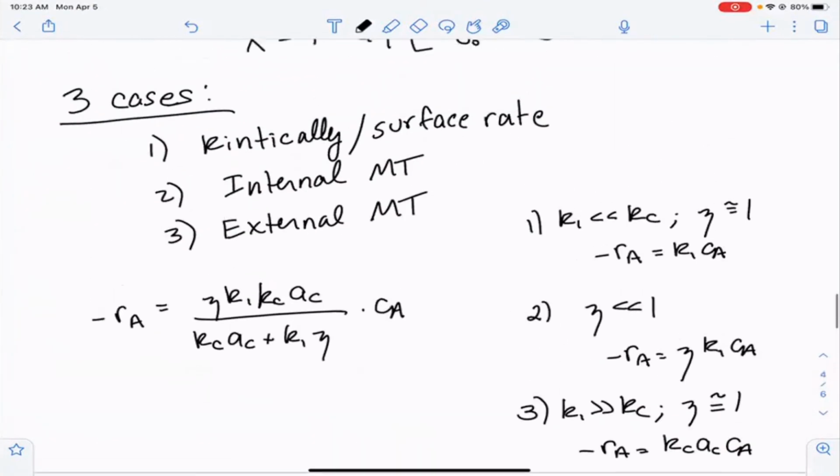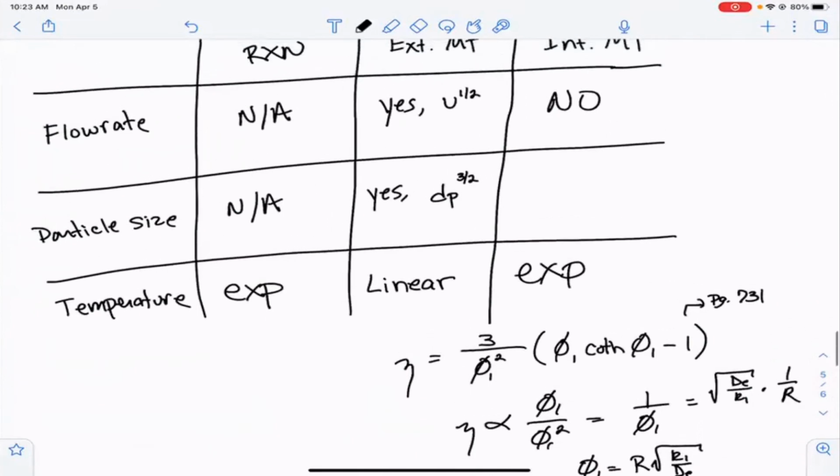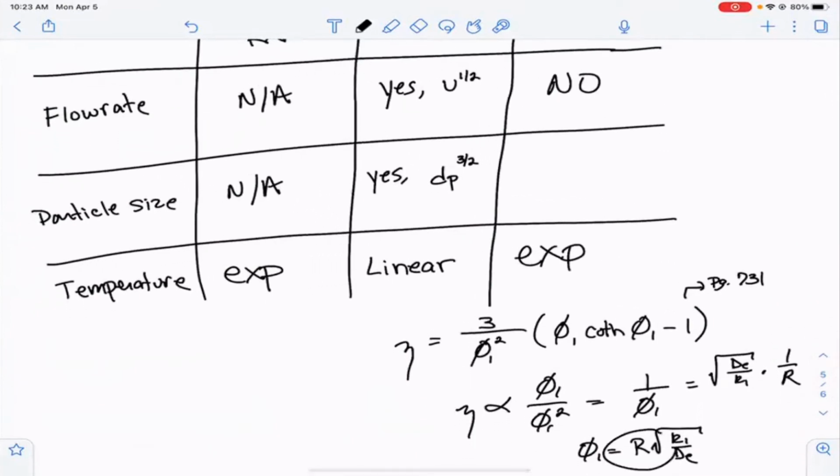We also can go back to this equation here, where we are internal effectiveness limited, and you see that we also have a direct formulation of K1 in the rate law. So K1 is there. The other thing that we have here is the diameter of the particle, right here, actually in the denominator. And so we do have a dependence on the particle size, 1 over the particle diameter.